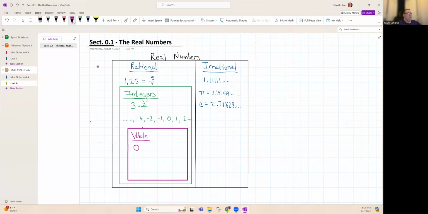So 0, 1, 2, 3, etc. And then within your whole numbers, you have what are called natural numbers. Your natural numbers are like your counting numbers.